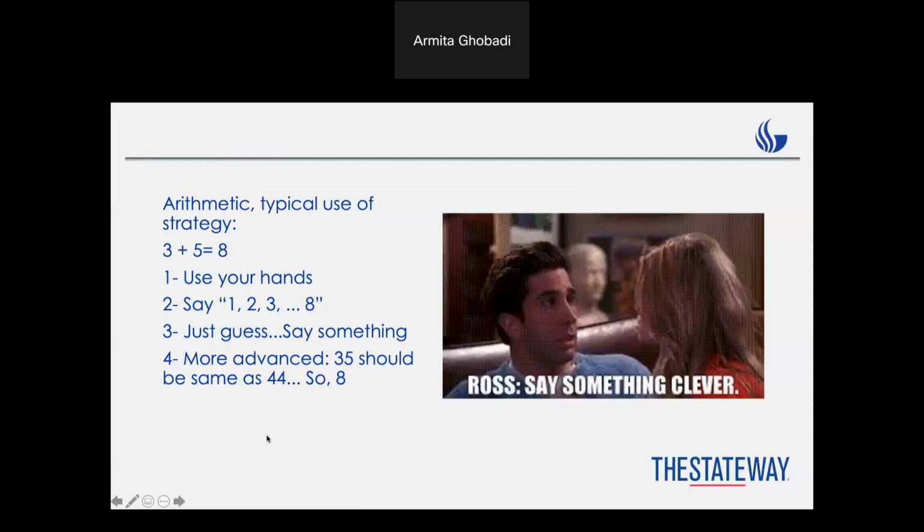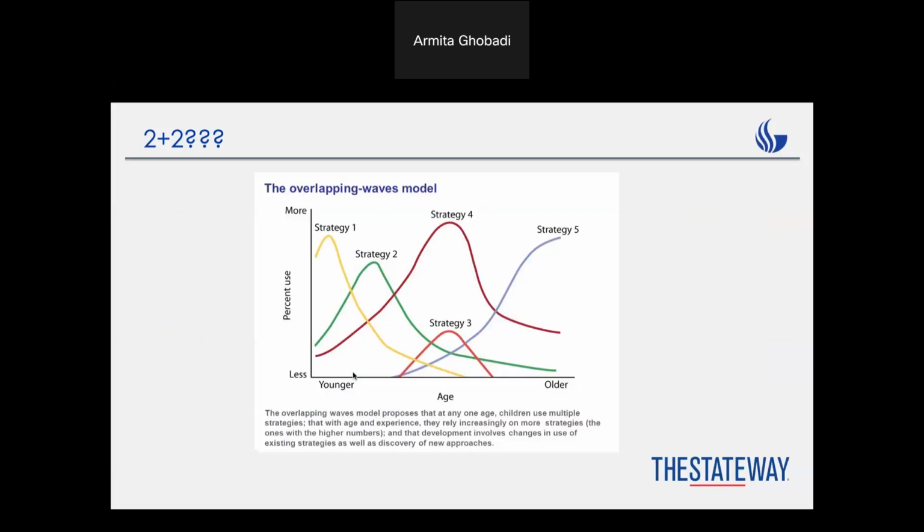For example, they can understand that 3 plus 5 is equal to 4 plus 4. They already know the answer for 4 plus 4. They know that it's going to be 8. So they understand that 3 is one number less than 4 and 5 is one number more than 4. So they just get the answer and say 8.